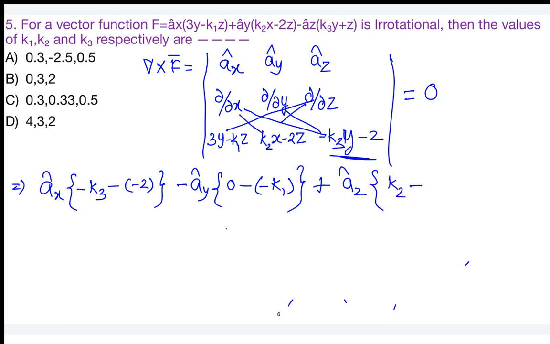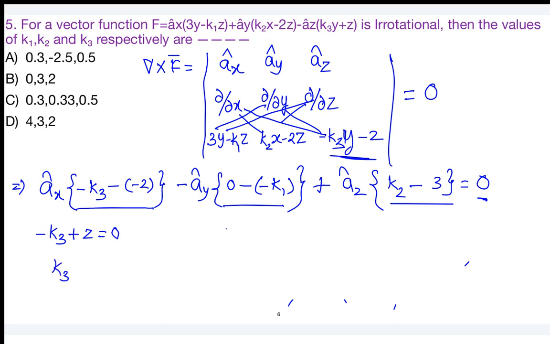On the right hand side, since it is a null vector, you can equate the ax coefficient to 0, ay coefficient to 0, az coefficient to 0. If you equate the ax coefficient to 0, what you will get? Minus k3 plus 2 is equal to 0, so your k3 becomes 2. Similarly, the ay coefficient is k1, so k1 you can equate to 0.